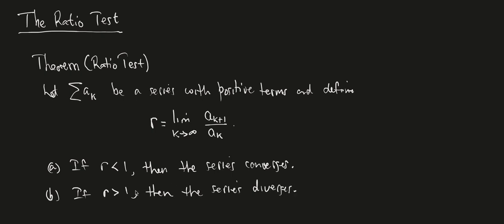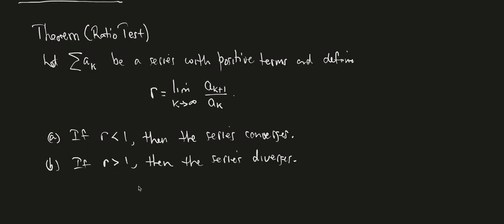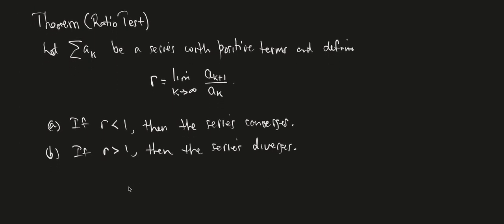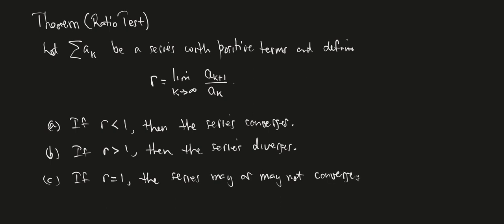And that's pretty good too. Now, unfortunately, there is a case where the test essentially fails, and you might be able to guess it: if your R is equal to 1, then the series may or may not converge. In other words, the test fails, and in that case, we try another test.